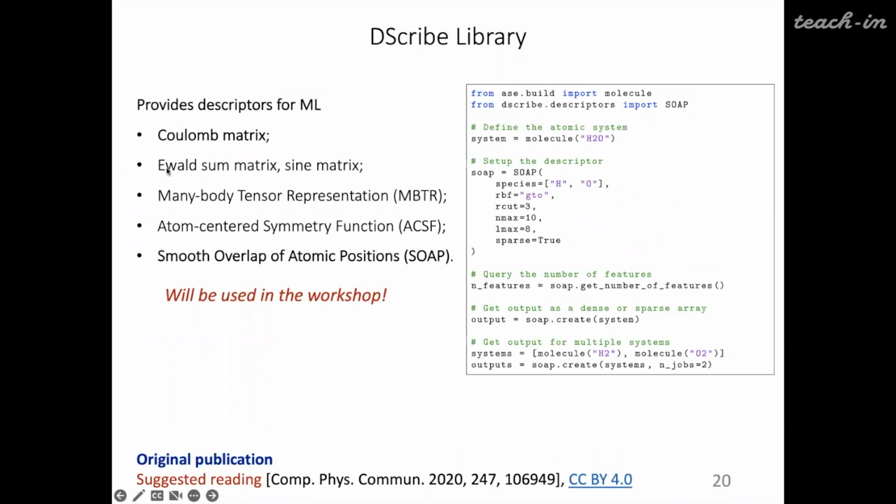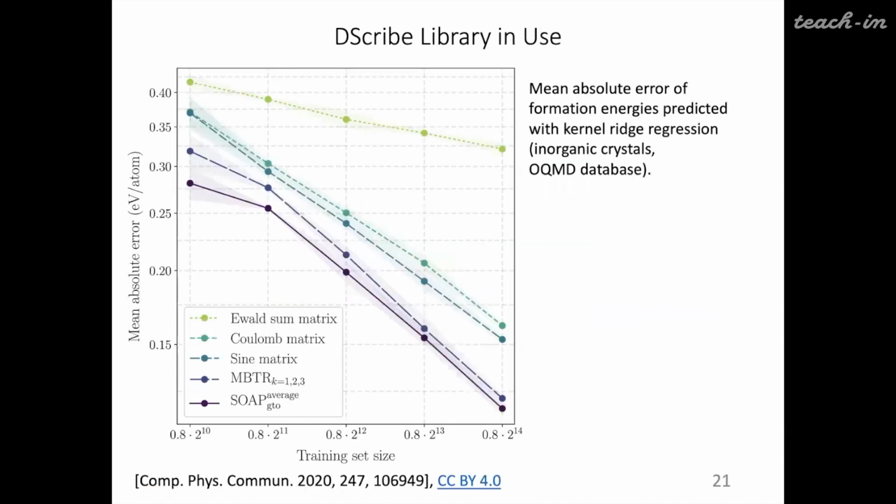There are other descriptors that can be computed, and we are going to focus on Coulomb matrices, and SOAP, so that we will use these two descriptors in the upcoming workshop on modeling, on the prediction of formation energies, crystal formation energies.